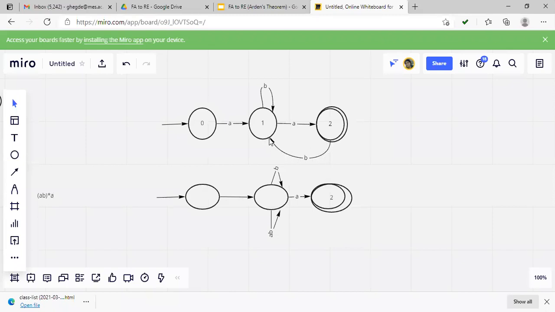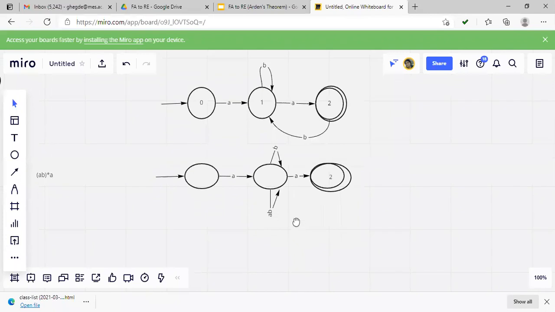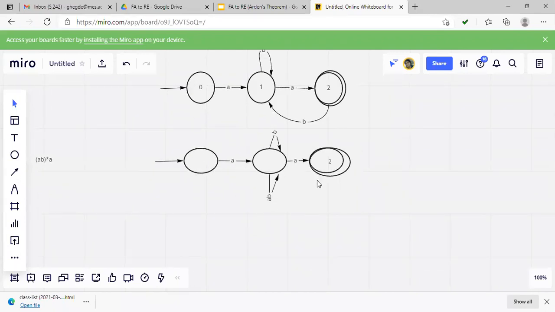So this transition should not be drawn. I think this is complete now. This FA is in simpler form, right? I have to write A here, I forgot that. Now we can see that there is no loop in our finite automata after eliminating the loop.